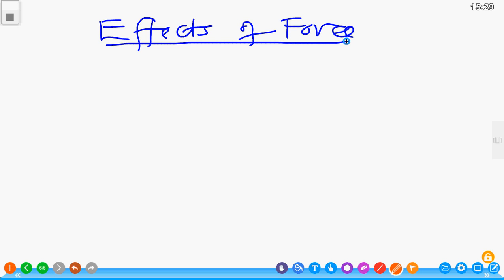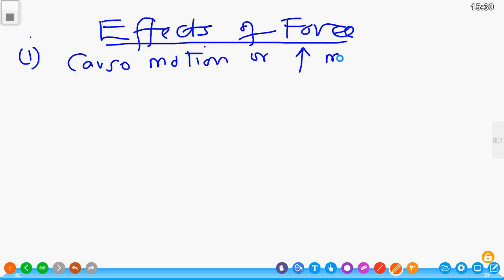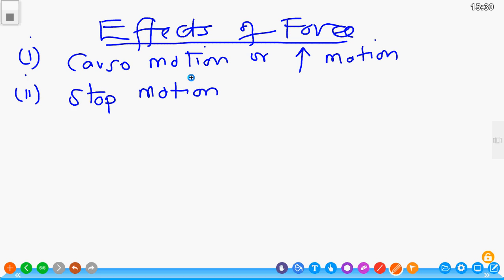The first effect that force causes, it can cause motion, or increase motion. Force can also stop motion, or decrease motion.